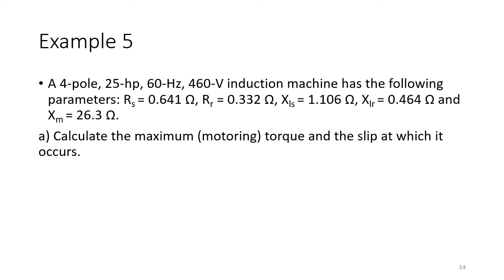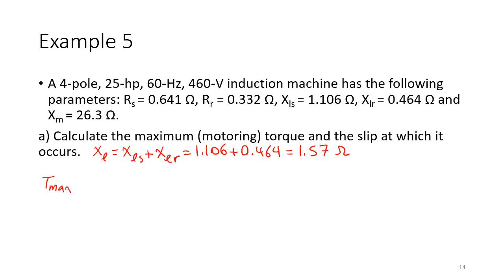So first of all, let's calculate XL, which is equal to XLS plus XLR, which is 1.106 plus 0.464. We find 1.7. And XL over RS is not 5 or greater, so you cannot ignore RS. We need to go to the more sophisticated formulas that we just found.